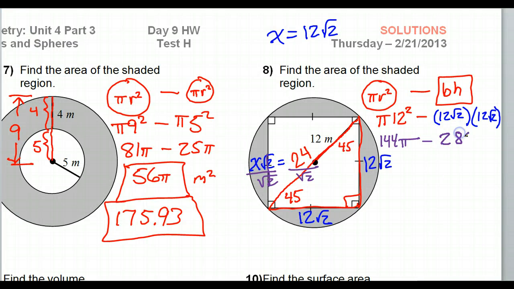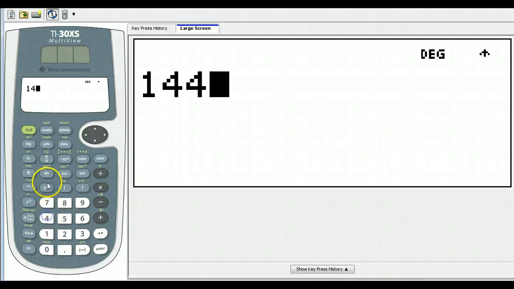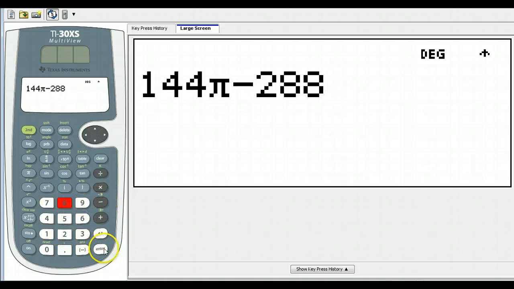So 288. Look, this has a pi, this doesn't. That means these are not like terms, so they cannot be put together without making a decimal. So if I wanted an exact answer, that would be it right there. Of course, if I want a decimal, I could do that. 144 pi minus 288.